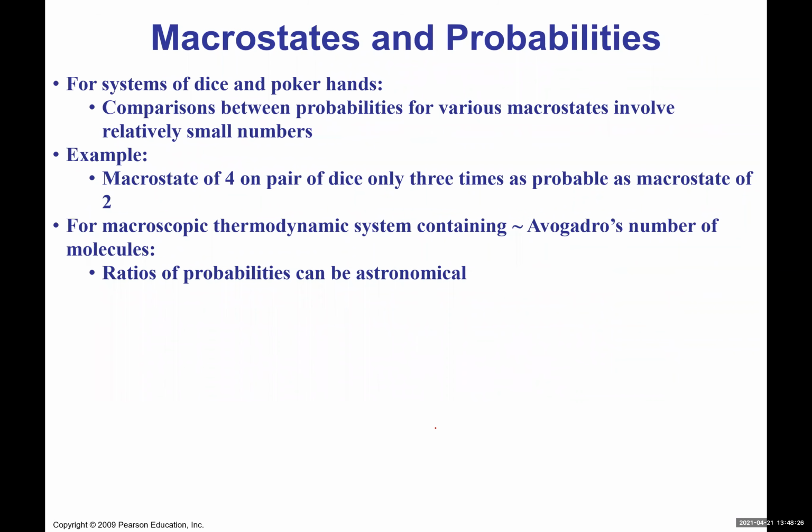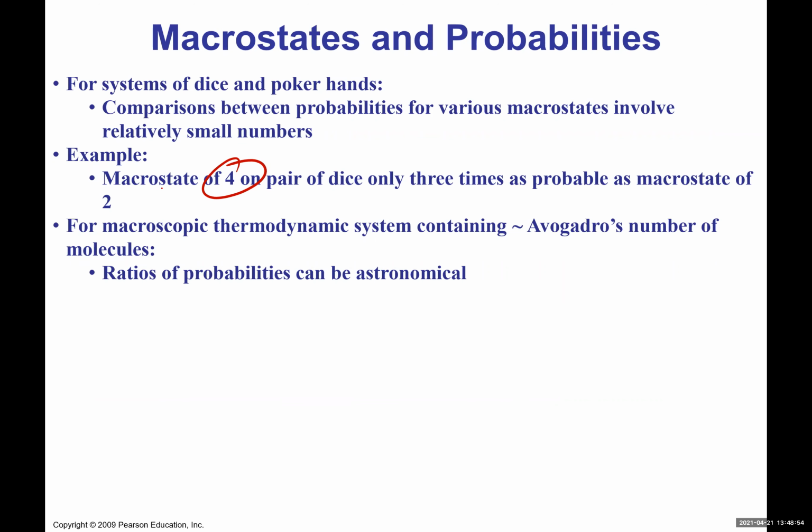Now, as you can see, for a system of dice and poker hands, comparisons between probabilities for various microstates involve relatively small numbers. A microstate of 4, for example, with a pair of dice is only 3 times as probable as a microstate of 2. That means when you talk about getting 4, you have 3 different ways of getting 4 compared to only one way of getting 2.